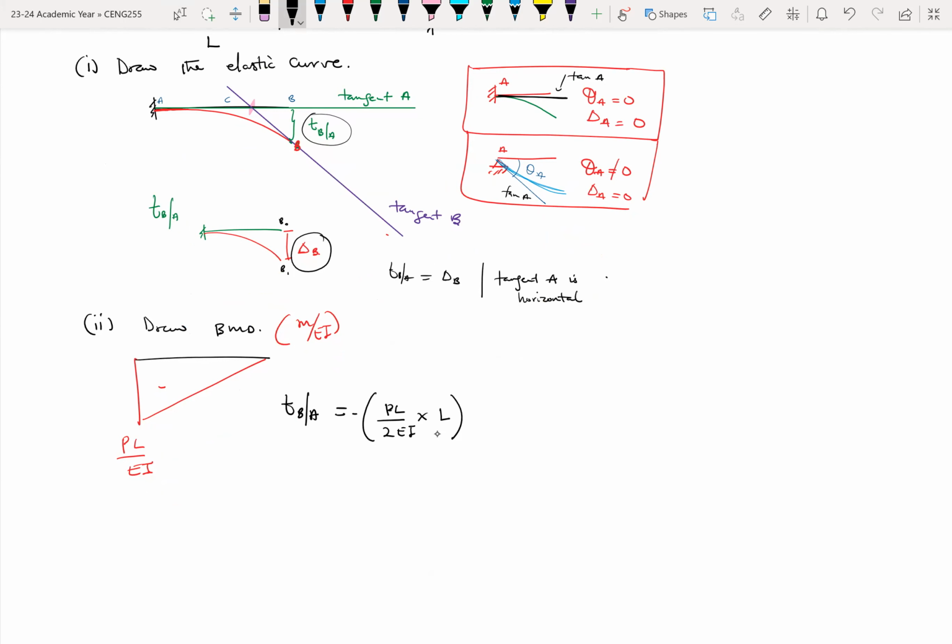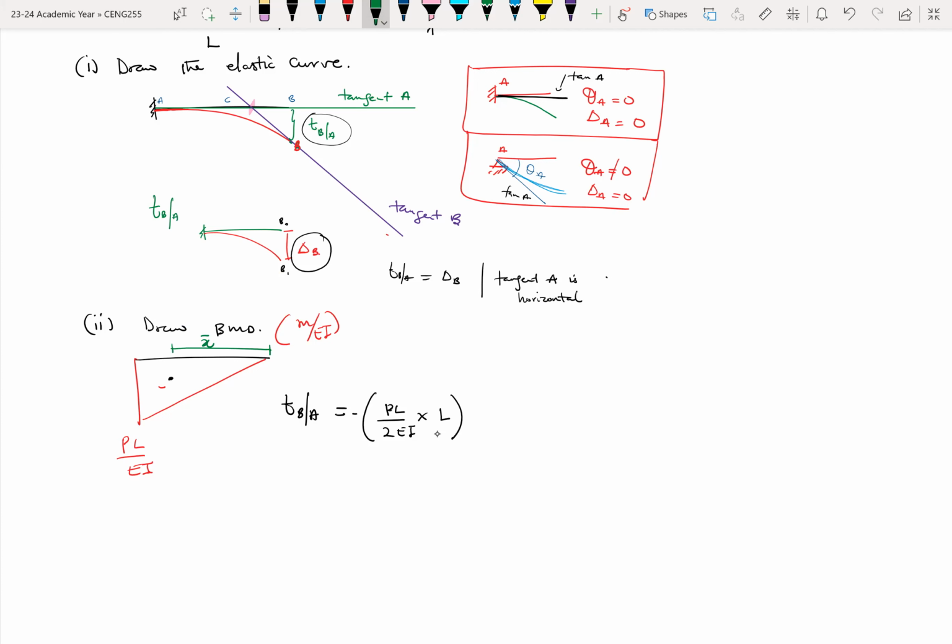Now the next thing is to find the center of gravity of this triangle, and then find that distance. So this distance here will be the X bar. So this is geometry.